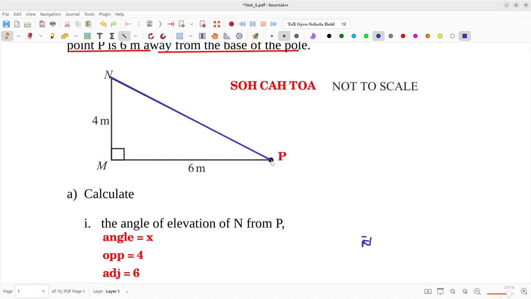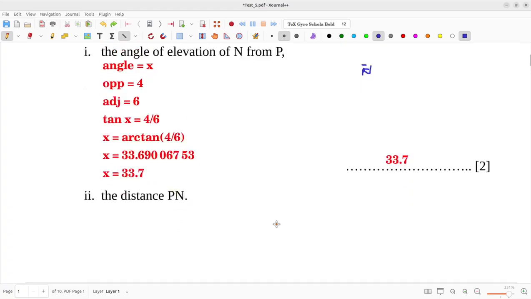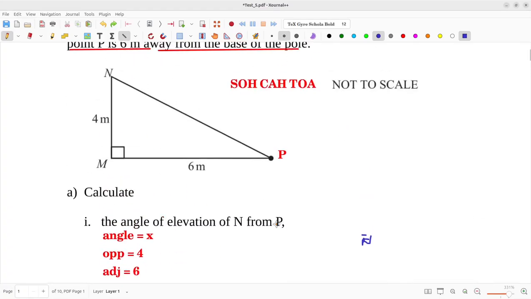Since it's a right angle triangle and you already have the two sides, you can use the Pythagoras theorem. Or since you've already calculated the angle at P, you can use your SOHCAHTOA. Now, let's just use the Pythagoras theorem.